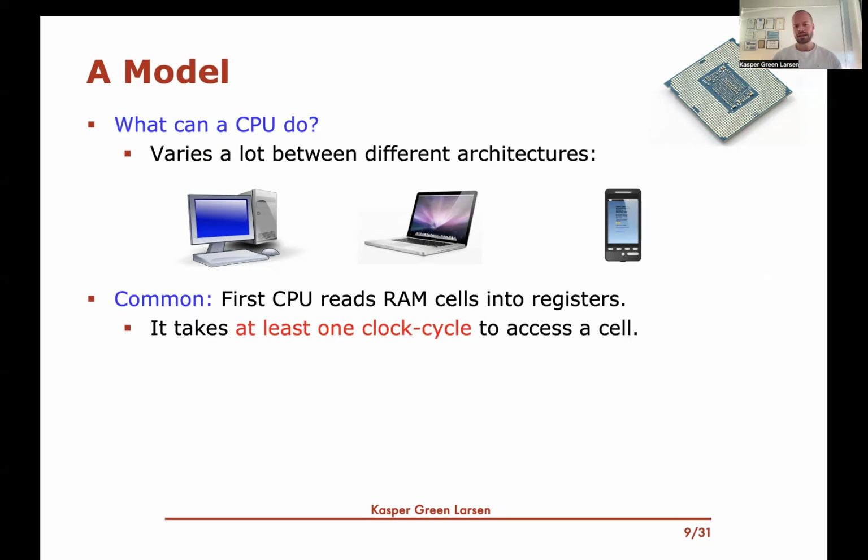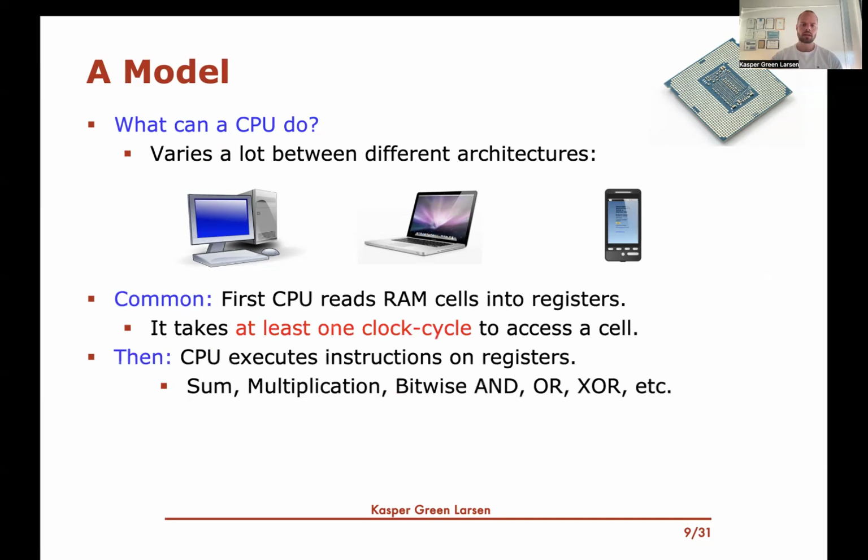This always takes at least one clock cycle; it takes some non-zero amount of time to access a memory cell. And then the CPU executes some kind of instructions on the registers. This could be adding the numbers stored in registers, which are stored in binary, multiplying them, doing bitwise operations, comparisons, and so on.